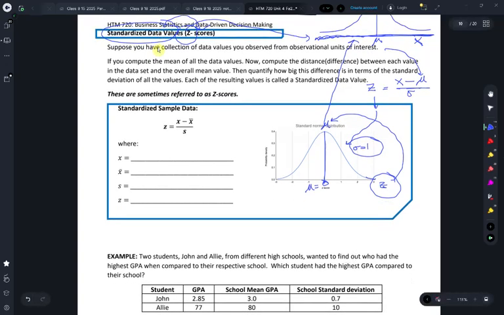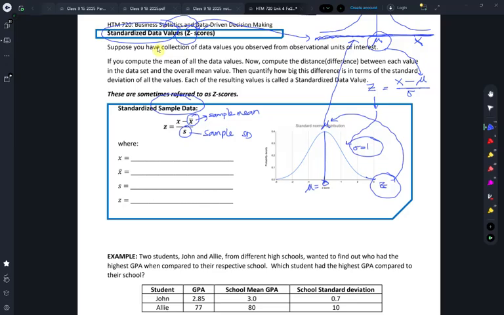Before we get into the theoretical part, you want to note that in general, if you're dealing with sample data rather than population data, your z-scores can also be defined in terms of the sample mean and the sample standard deviation.